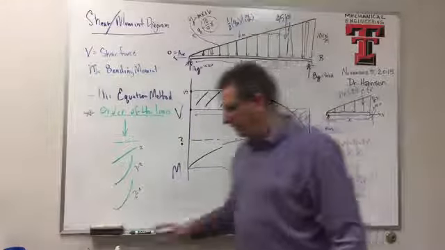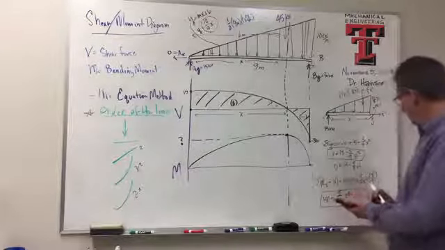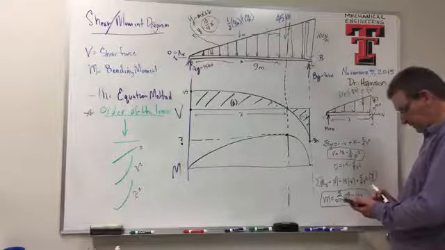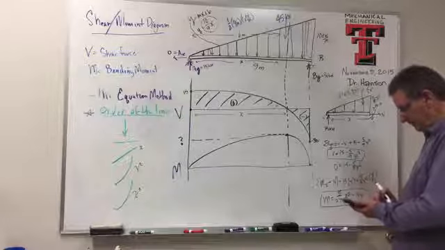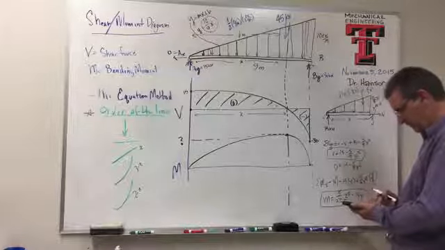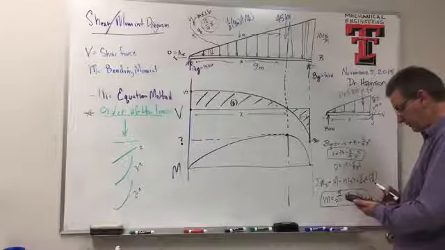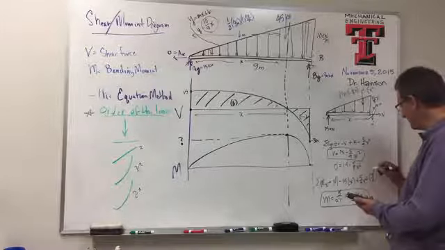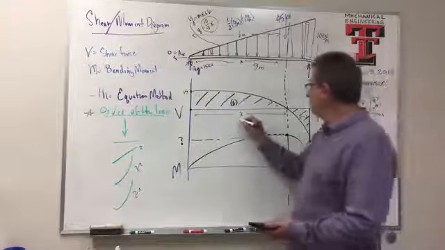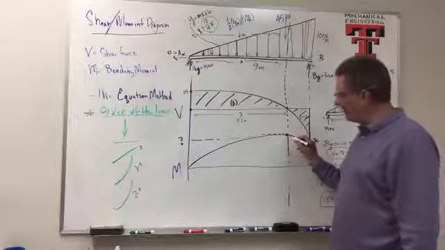Solving that, 15 times 9 divided by 5 equals 27, and the square root of that is 3 root 3, which is 5.196 or 5.2. So x equals 5.2 meters. Guess what? That's where the maximum moment occurs, and that's what I'm interested in.